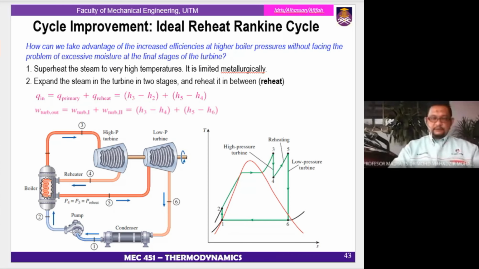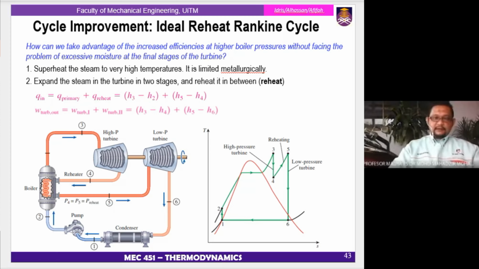What is the difference between the reheat Rankine cycle and the simple Rankine cycle? In the reheat cycle we have two turbines. Turbine number one is used to turn the shaft with the energy coming from the boiler.